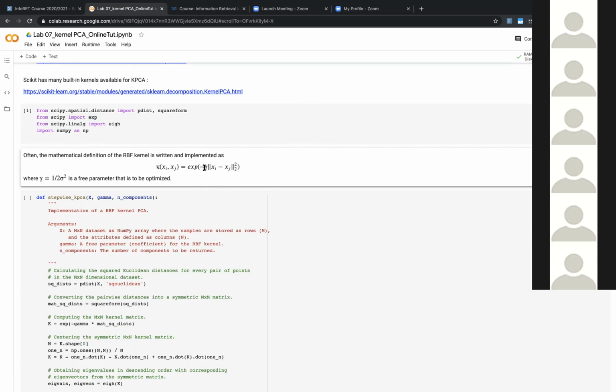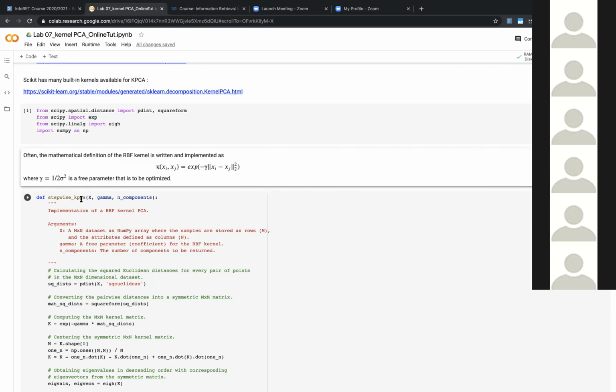Then you have the sigma parameter, which is a hyperparameter, and you have to choose it depending on your underlying distribution. Primarily you have to experiment with a lot of sigmas to find which sigma fits your data distribution well. So this is a heuristic method; there is no analytical method for calculating it.